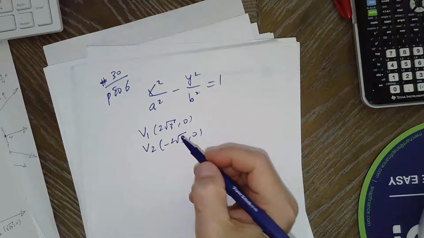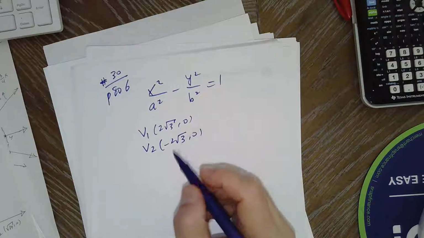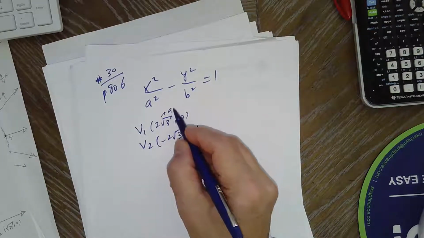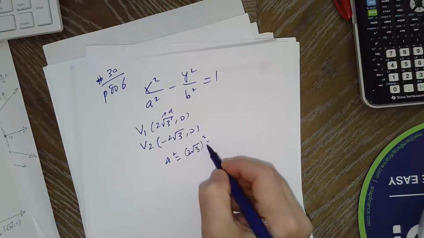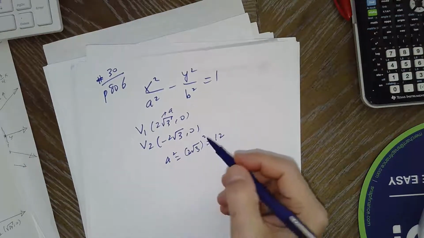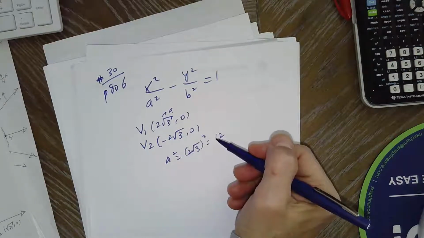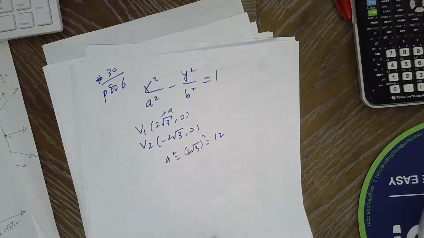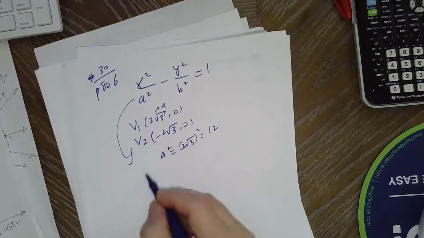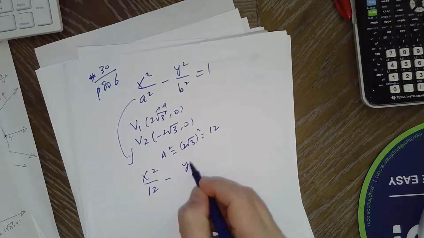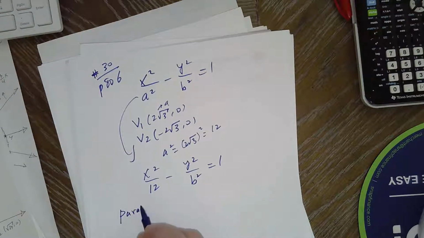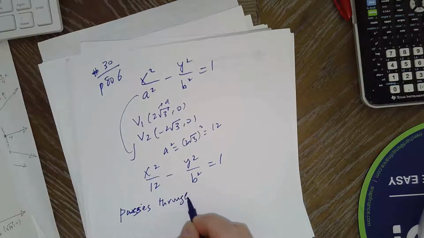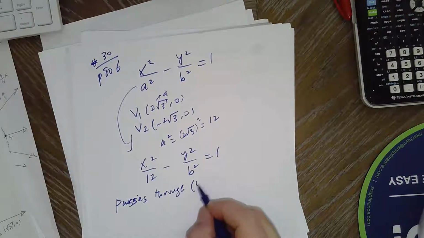So a is 2 root 3, so a squared is 2 root 3 squared, which is 12. And what else do we have there? It passes through the point 4, 4, so this is x squared over 12 minus y squared over b squared equals 1. So the hyperbola passes through the point 4, 4, which is on the graph.